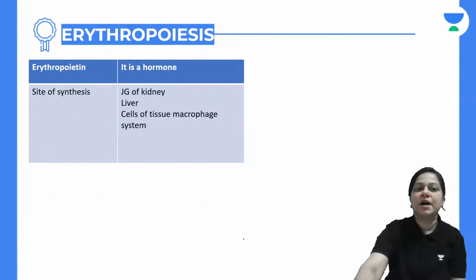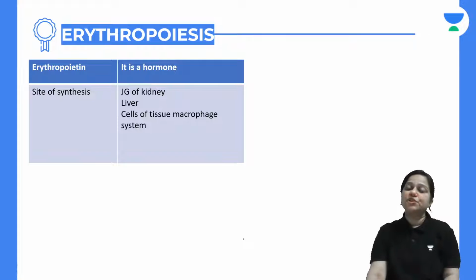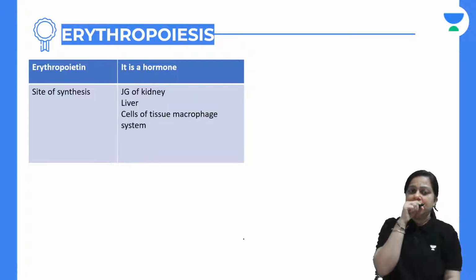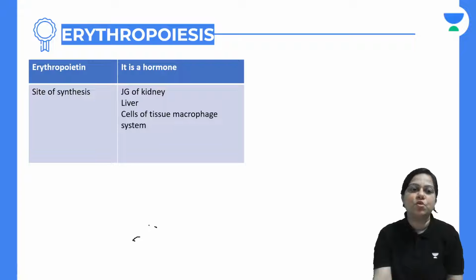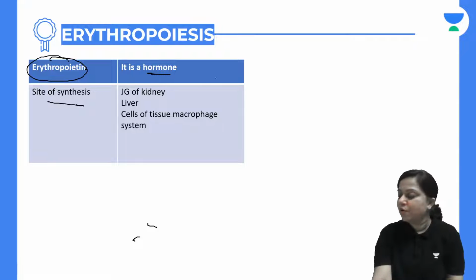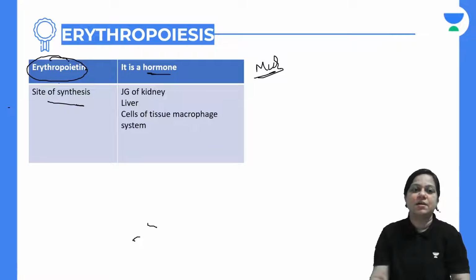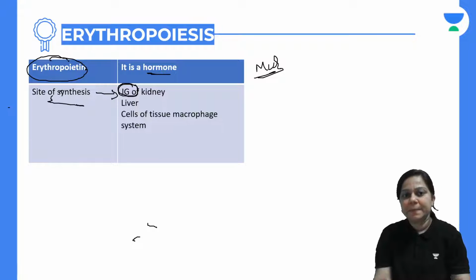Let us go through hypoxia first. Whenever the tissue suffers from hypoxia, it will cause release of the hormone called erythropoietin. This is important from the MCQ point of view: the site of synthesis of erythropoietin is the juxtaglomerular cells of the kidney, liver, and cells of the tissue macrophage system.